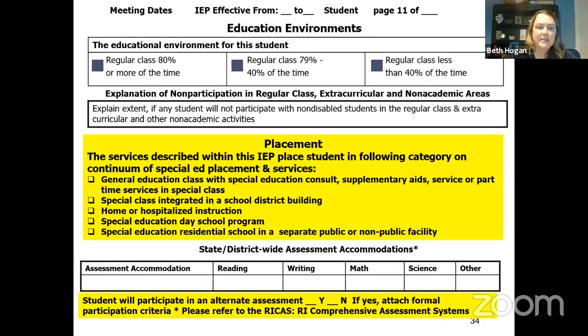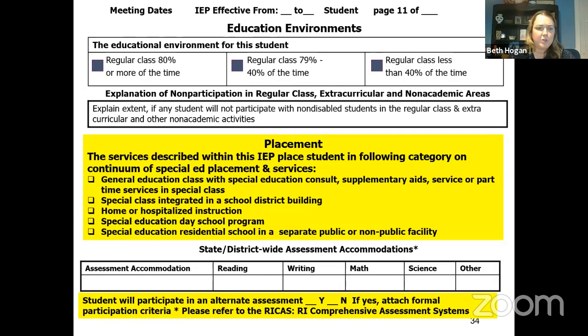So placement is, if you look at that list, those check boxes, a continuum of placement from the least restrictive to the most restrictive, starting off with the general education classroom with the special ed services and supplementary aids all pushed into that class, right down to what we consider the most restrictive environment, which is a special education residential school in a separate public or non-public facility.